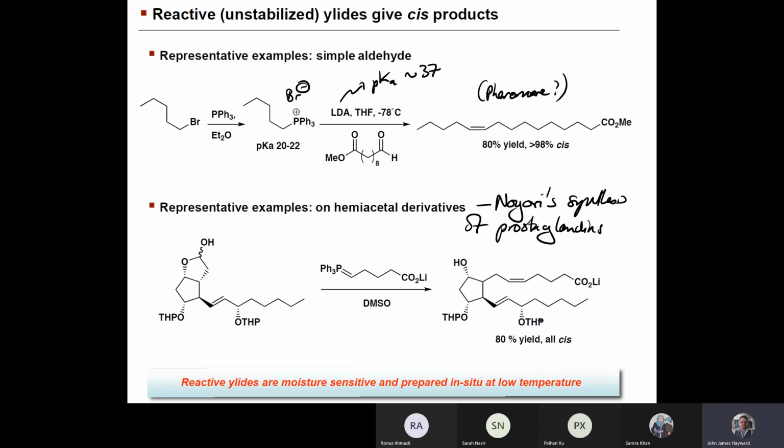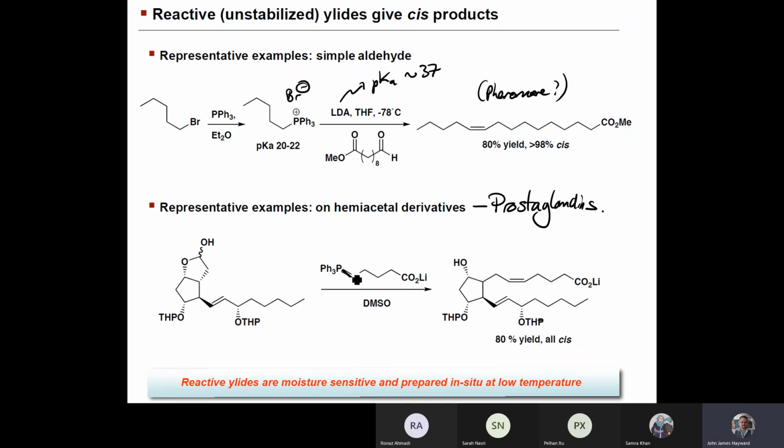No, this isn't Noyori. My apologies. We will talk about this system again, but this is a total synthesis. It is definitely the prostaglandins, though. The prostaglandins are very important molecules that are involved in a lot of cellular signaling, and a classic biological response they're involved in is pain. But there are prostaglandins involved in childbirth and all sorts of stuff.